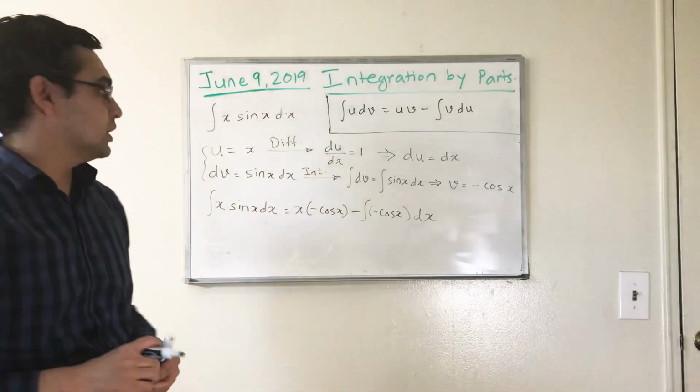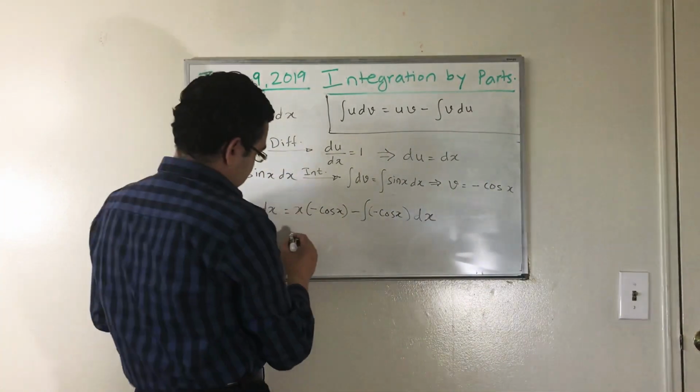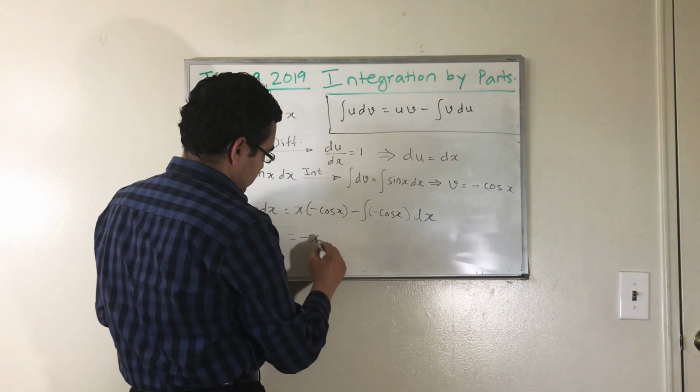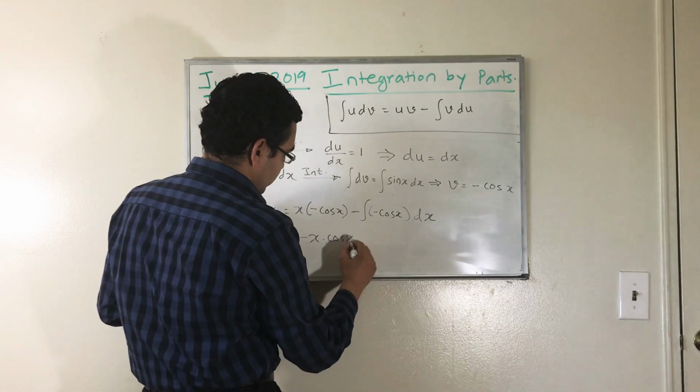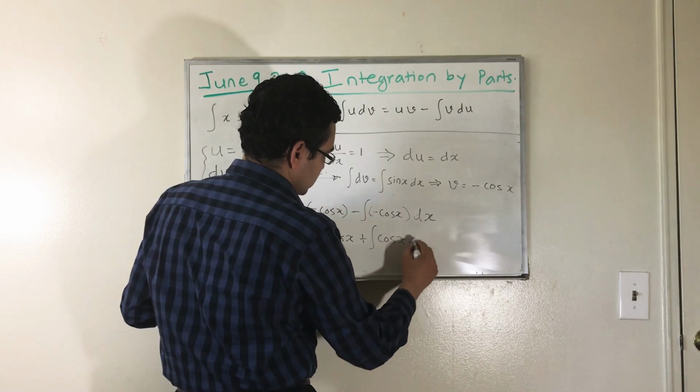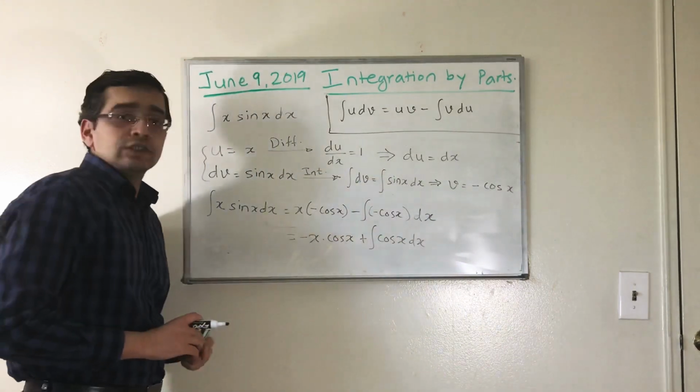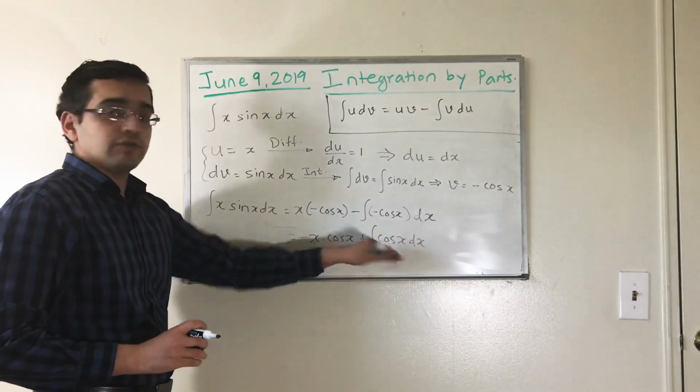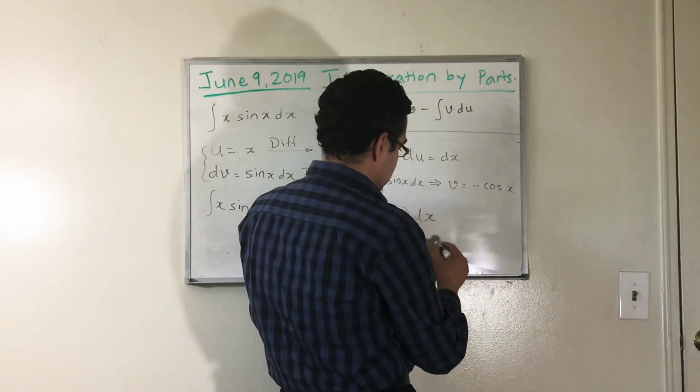All right, so let's simplify this. This is minus x times cosine of x plus integral of cosine of x dx. And as you know, the integral of cosine x is just sine x.